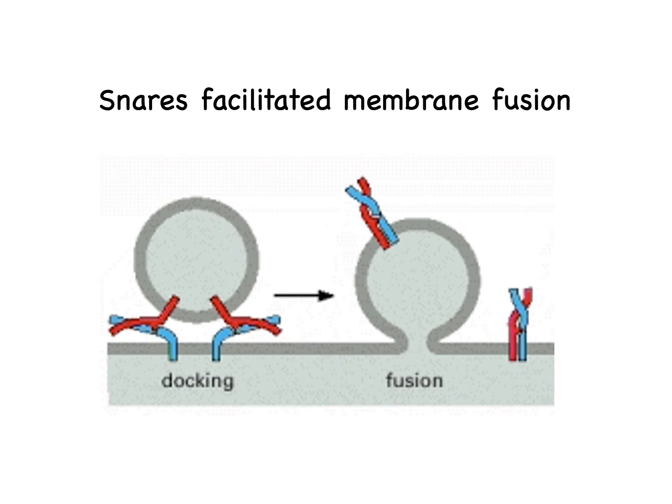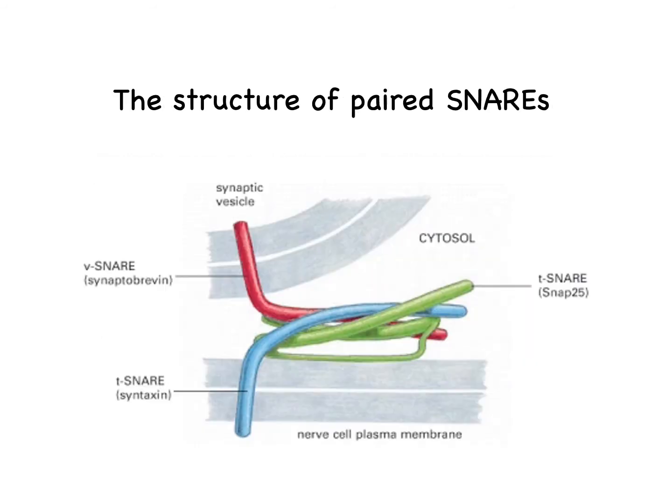And that's exactly the same thing that's going on here, only in this case there are proteins to facilitate that fusion as well as other proteins to direct the vesicles to the proper location. So this is a schematic of a pair of SNAREs interacting to bring these two vesicles into close proximity so they can fuse.